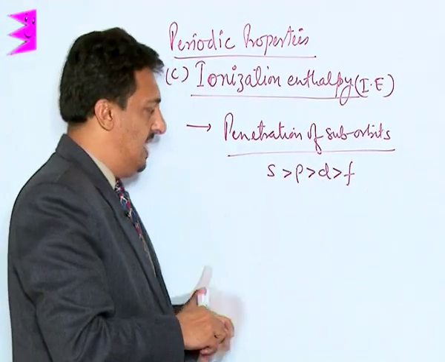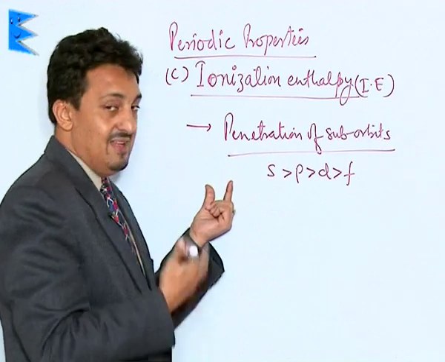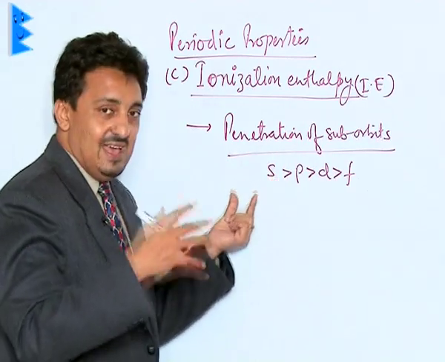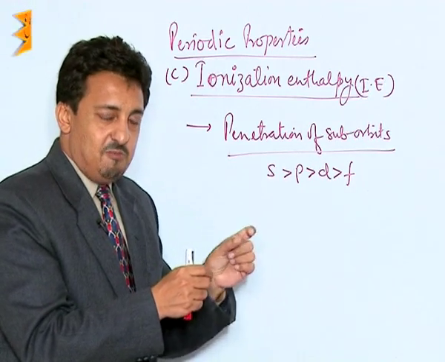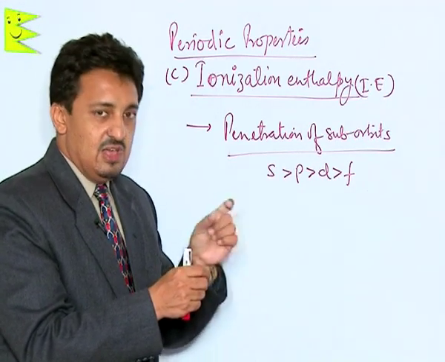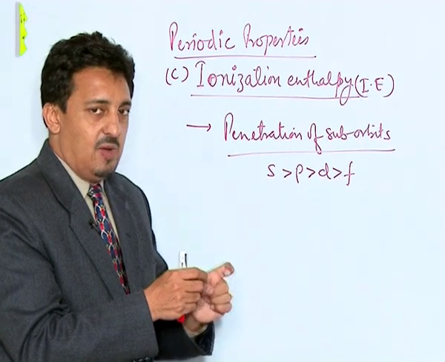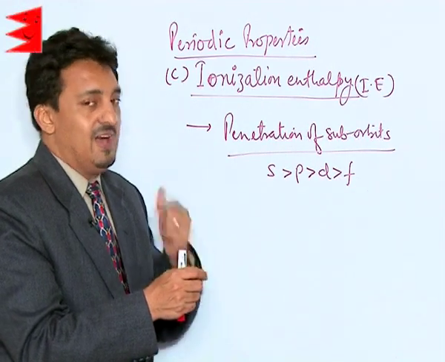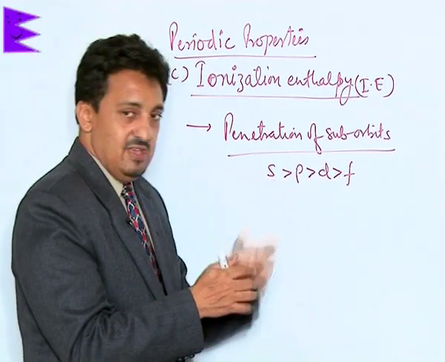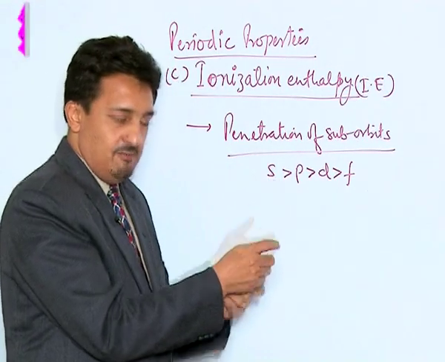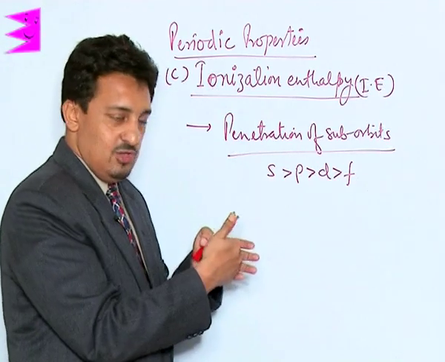That means s is closest to the nucleus. That's why the electrons in the s suborbit will be closer to the nucleus. They will experience greater nuclear pull, and that's why the energy required to remove those electrons will be higher. Similarly, when we compare s and p, since s has a higher penetration power, it is closer to the nucleus.